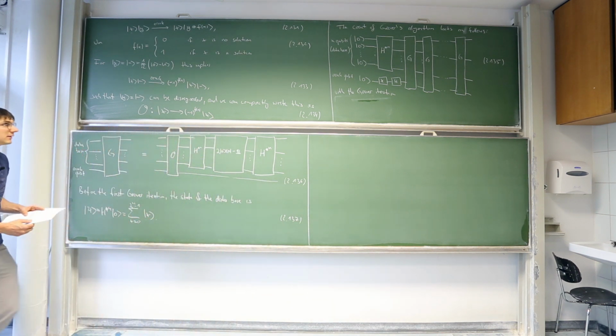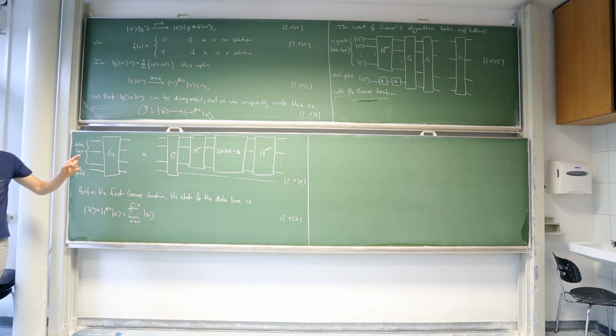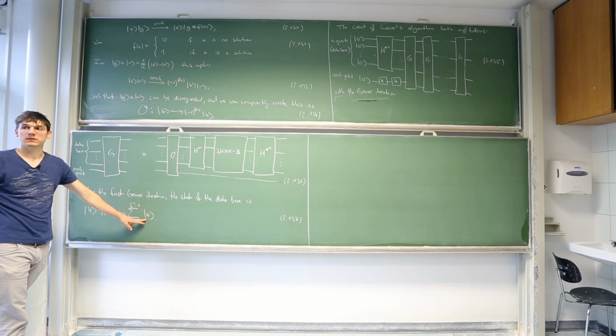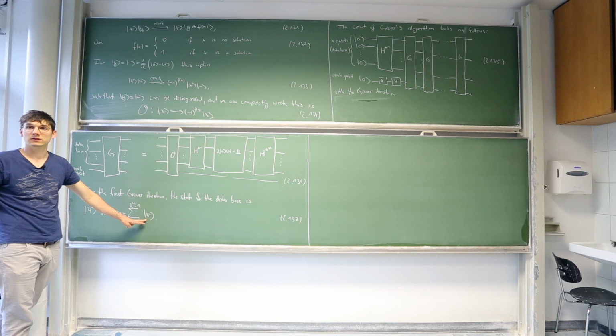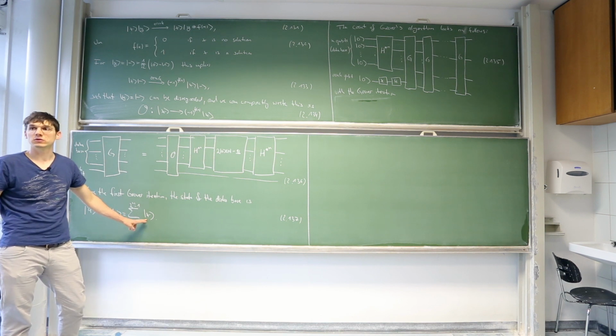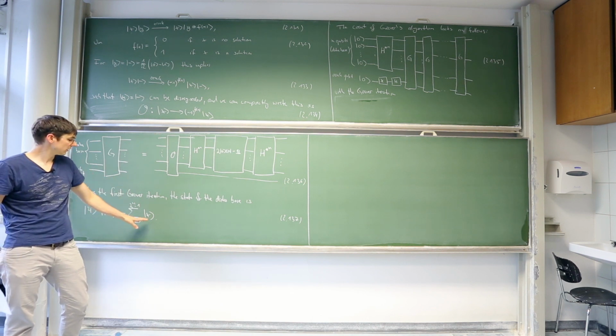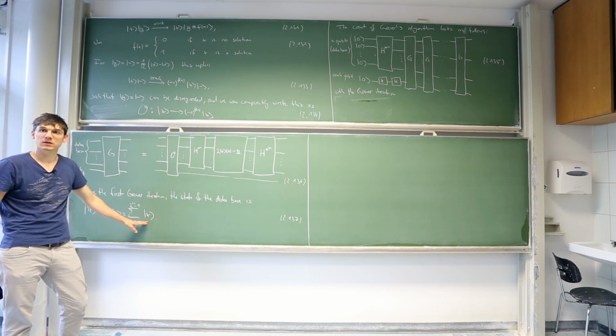So as I said, before the first Grover iteration, we are in a superposition of all states, and some of them are possibly solutions. There can be one solution or more solutions. And now with this Grover iteration, we want to distill out the solutions from this state.